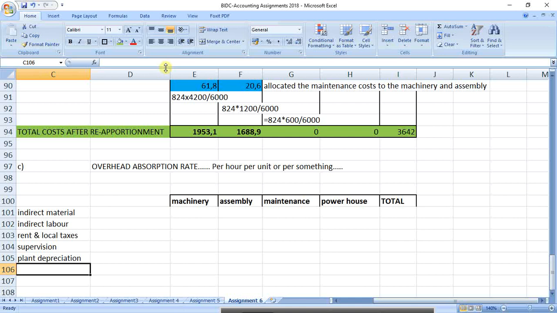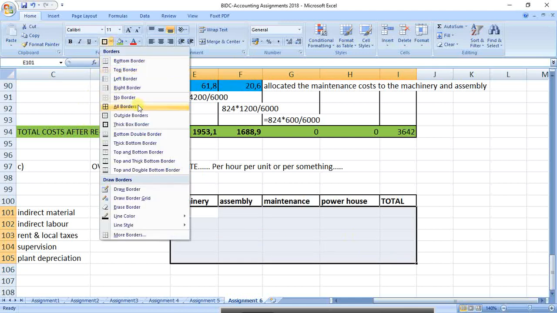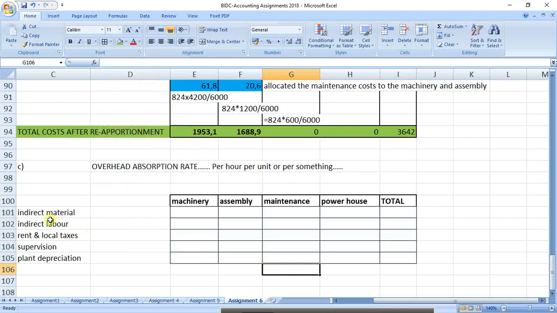Okay, so what is an overhead? It's an expense that's a blanket cost, right? An overhead would be something that the company would have to incur that would be allocated to different areas, different products, different departments. It all depends. So if I'm looking at this, I've got indirect material and indirect labor. Is that an overhead? Yeah.